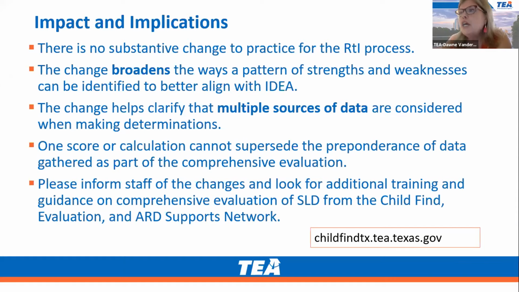Third bullet, the change helps clarify that multiple sources of data are considered when making determinations. While the use of multiple sources of data is not new to practice, their use has been strengthened. No single source of data is more important than another.